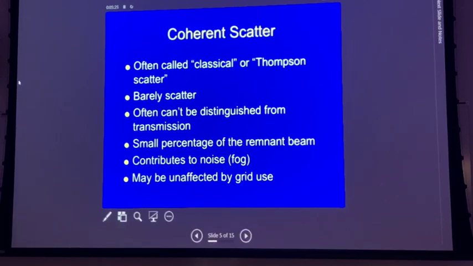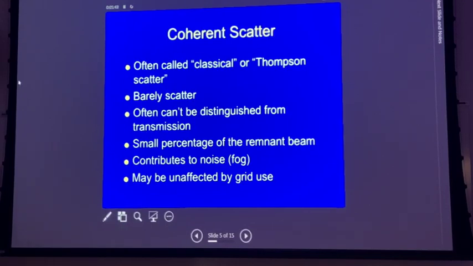So classical or Thomson scatter is barely scattered and often can't be distinguished from transmission, with the exception of the energy level. It only represents a small percentage of the remnant beam. It might contribute a little bit to noise, but it's pretty insignificant, and it may be unaffected by grid use, again, because it's going to parallel your transmission.